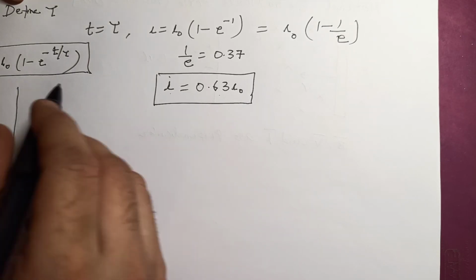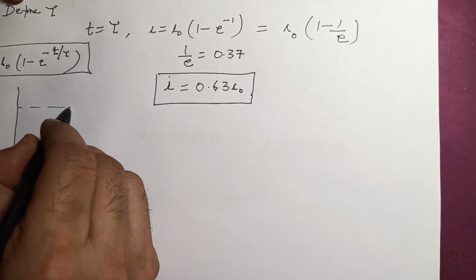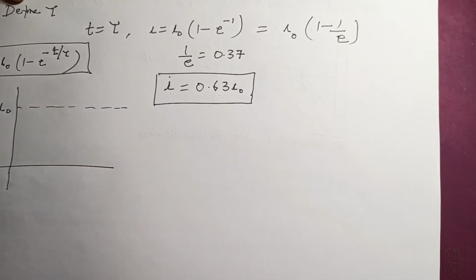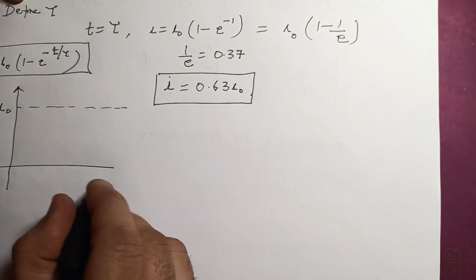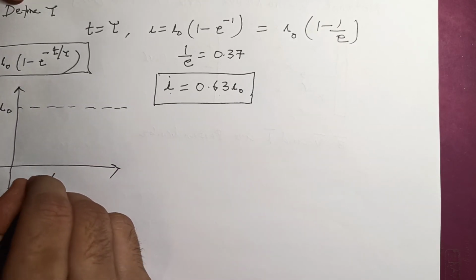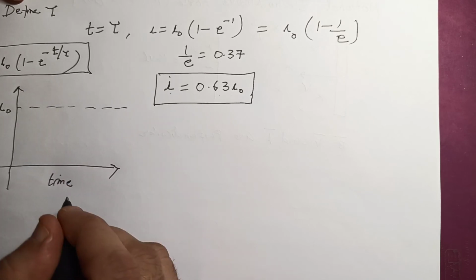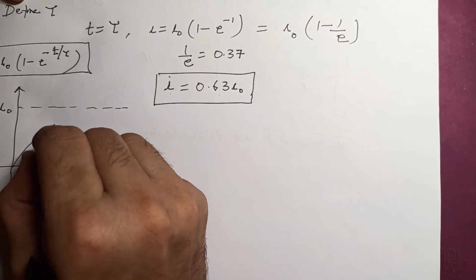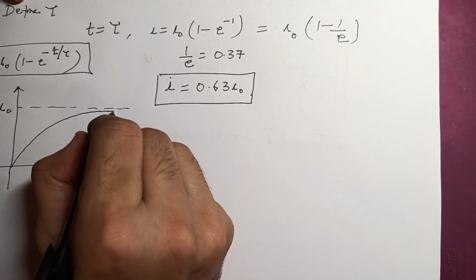Let's say this is the maximum current, steady state current. This is time. So the graph would be something like, not to scale but like this.